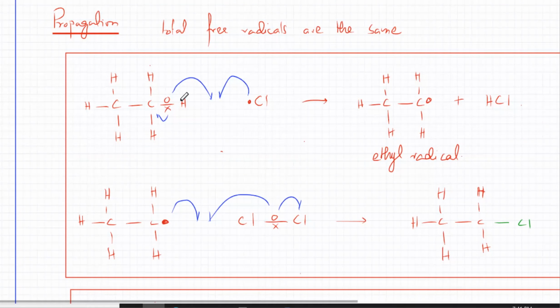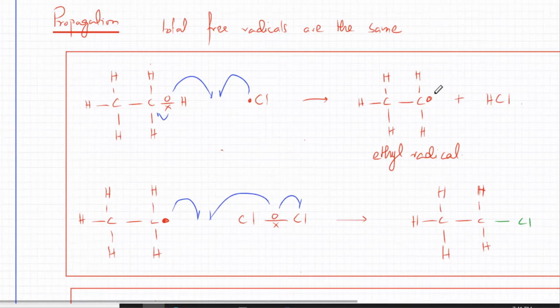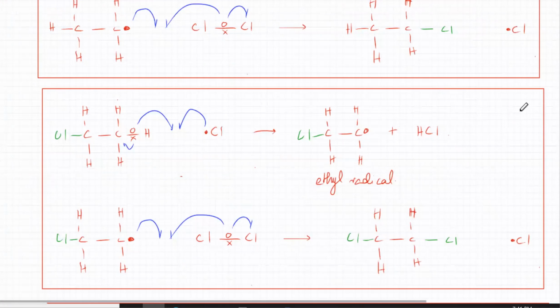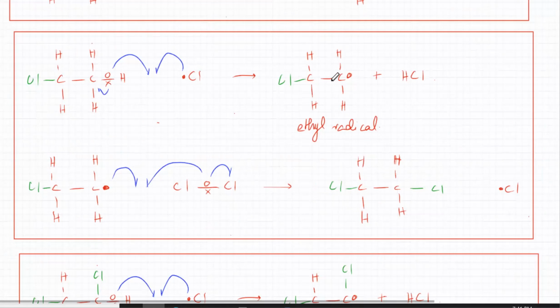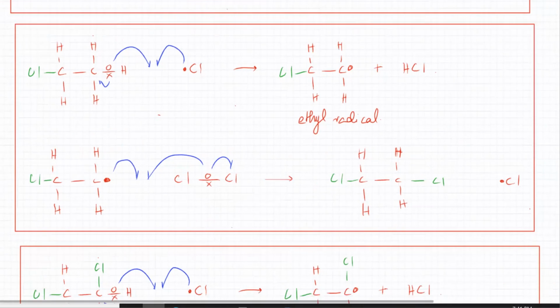This H would be gone, so it would turn into a free radical, or Cls might get substituted and it would then turn into a free radical. So most of the free radicals that you're forming in the process are some version of the original molecule. And it could be either of the 2 carbon atoms. Either this could be a free radical or this could be a free radical.